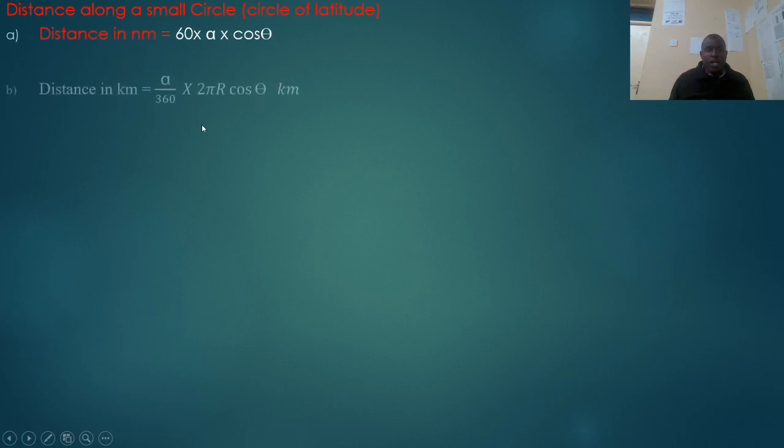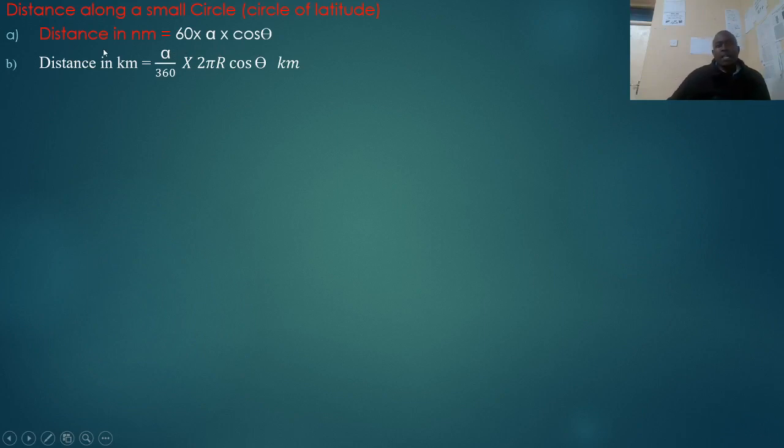Now, let's talk about distance along a small circle. That is the circle of latitudes. In this case you need to know 2 formulas. That is to get the distance in nautical miles, the other one we said it is 60 times theta, but this one I want to use alpha.